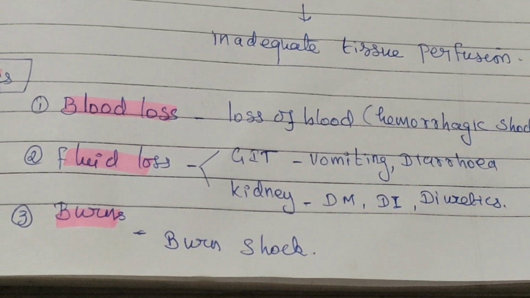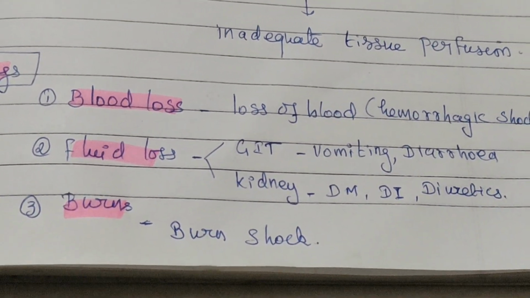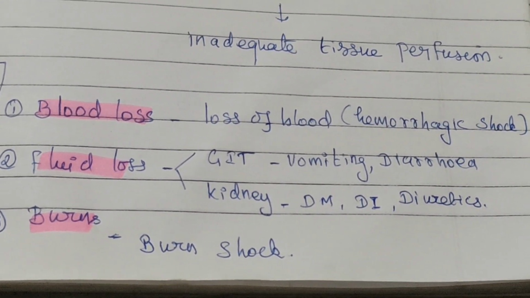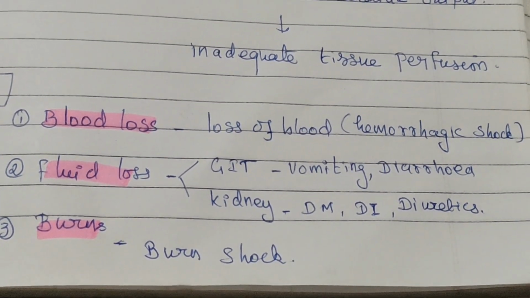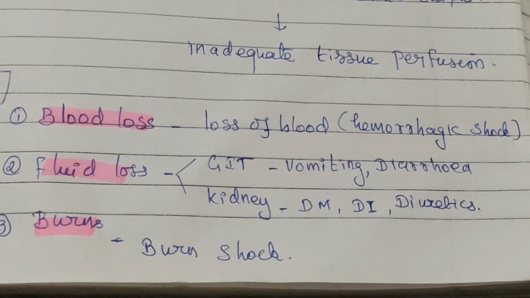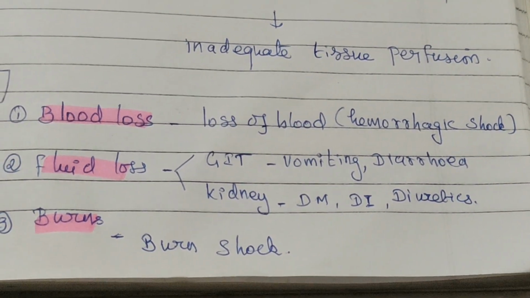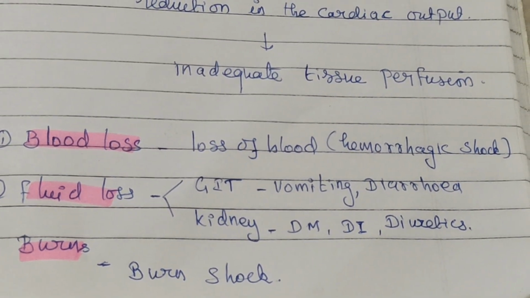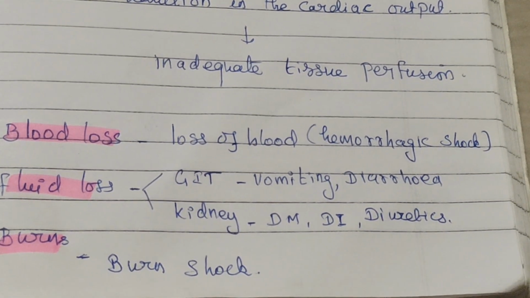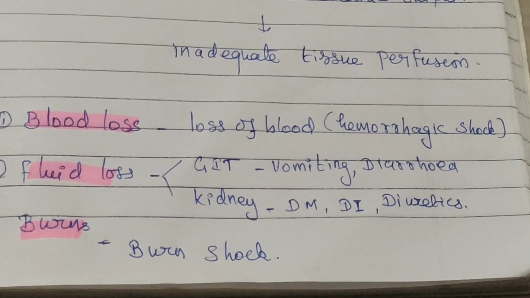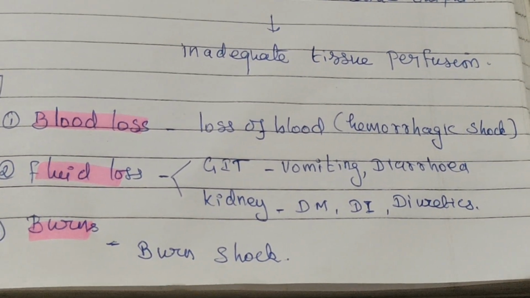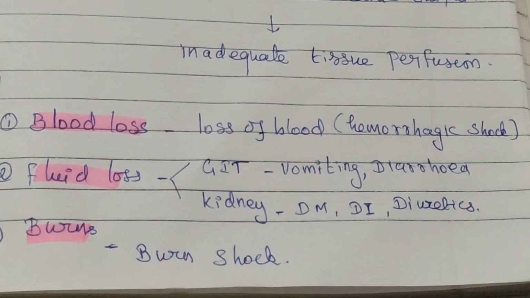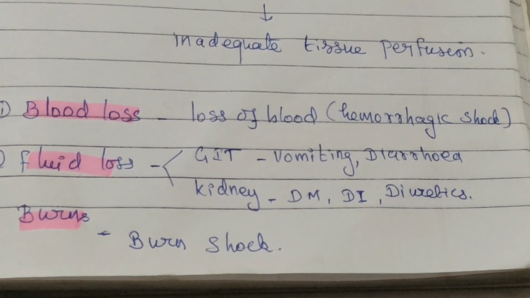Then the second one is fluid loss. Loss of fluid can occur because of GIT causes, or it can be associated with the kidney. GIT causes are excessive or severe diarrhea or vomiting. Kidney causes are diabetes mellitus, diabetes insipidus, and use of diuretics.